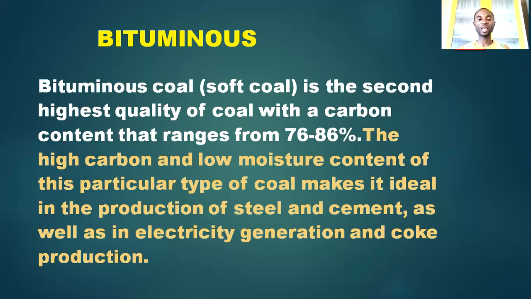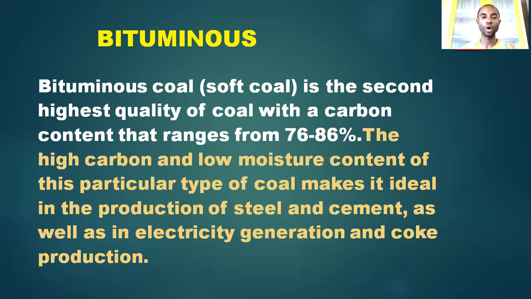The high carbon and low moisture content of this particular type of coal makes it ideal in the production of steel and cement, as well as in electricity generation and coke production. So number one is peat, second one is lignite, third one is bituminous coal.